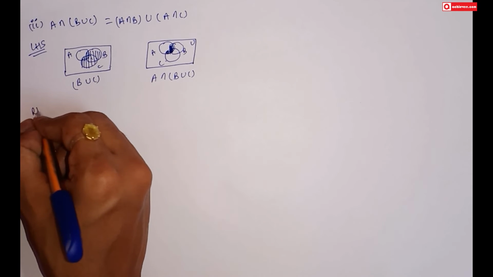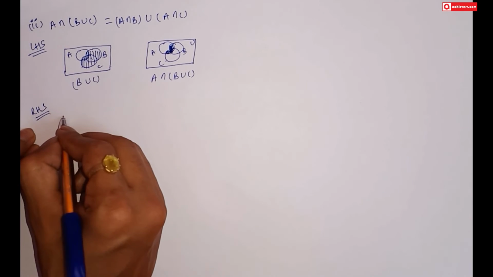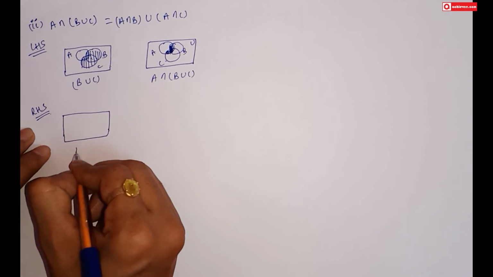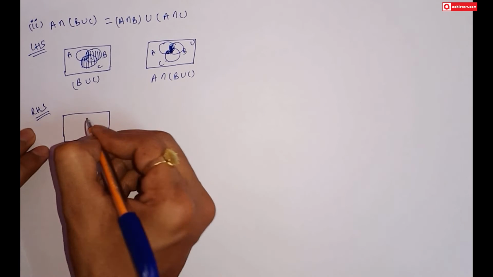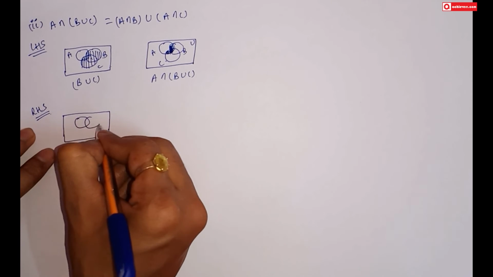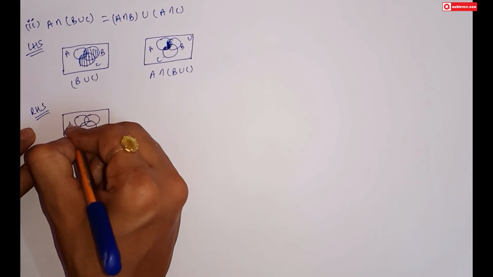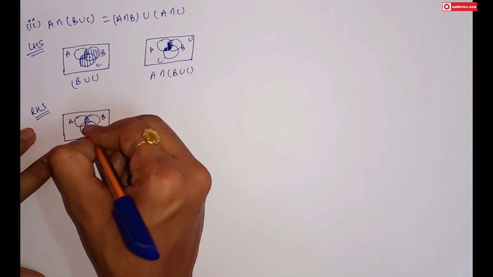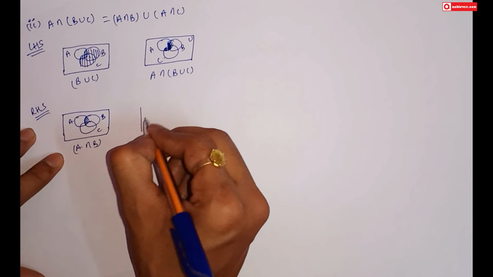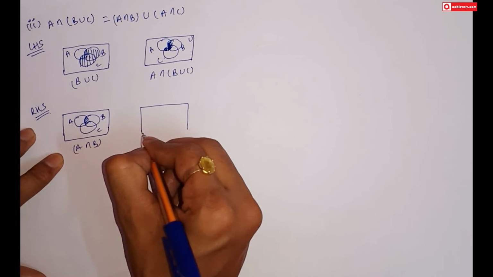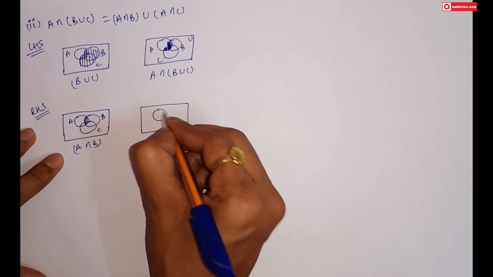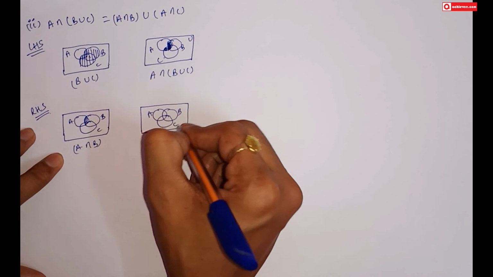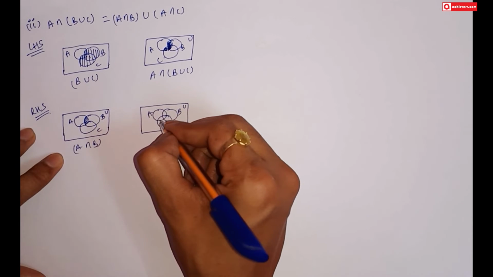So this is the A intersection (B union C). Now let's move on to the RHS. We'll go with A intersection B. What is A intersection B? This one. Now we'll go with A intersection C. What is A intersection C?